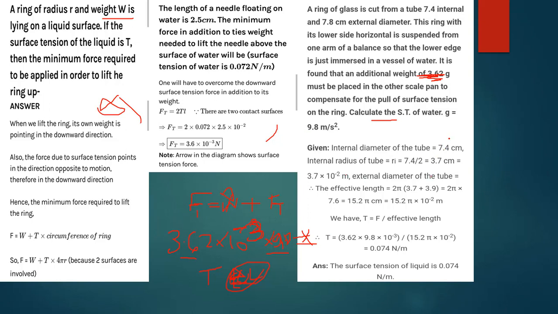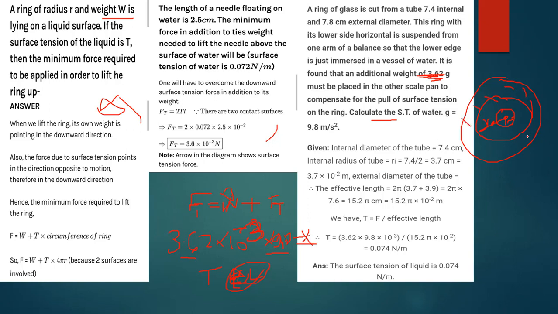So the effective length ni lazima ufahamu kwamba hii ni surface nilichora hapa. Kwa hiyo tuna internal na external diameter, okay. So tuna radius ya external na radius ya internal. So effective length ni kwamba tunaangalia sasa pande zote ambazo zina liquid. Ndio tulisema hivyo, tunaangazia pande za ambazo zimegusana na liquid.